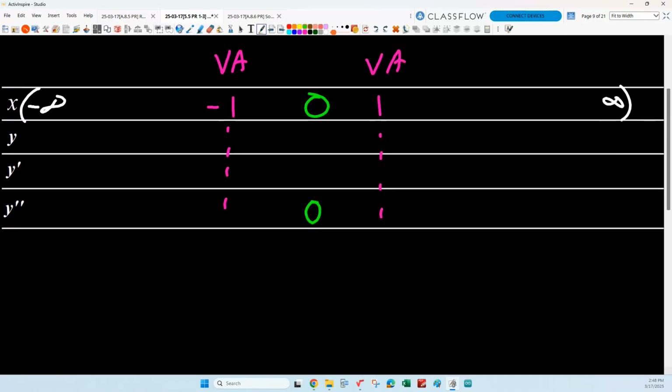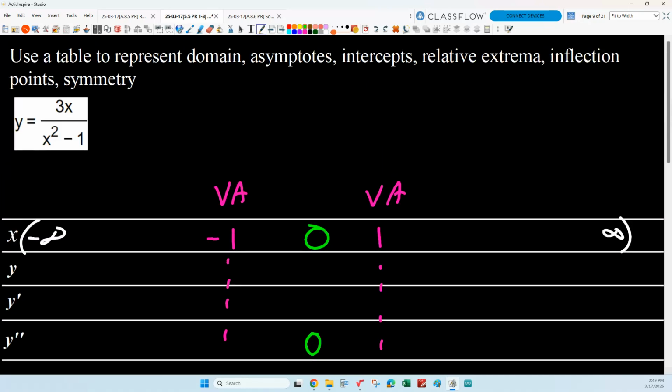That's the only thing it could be. Okay, so is it going to be an inflection point, do you think? If the symmetry is odd? You guys told me it was odd symmetry. So if it's got reflective symmetry about the origin, do you see that has to be an inflection point? It has to be, doesn't it? Yeah. We'll finish this one up tomorrow.